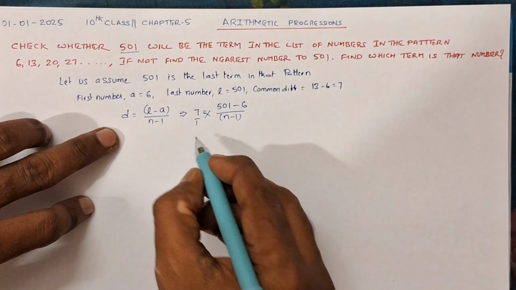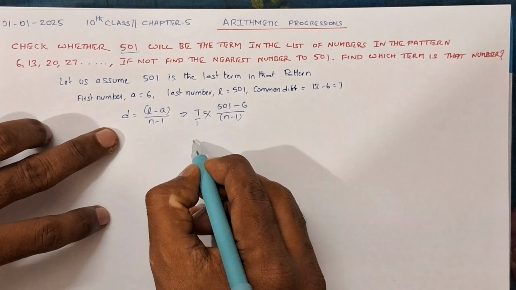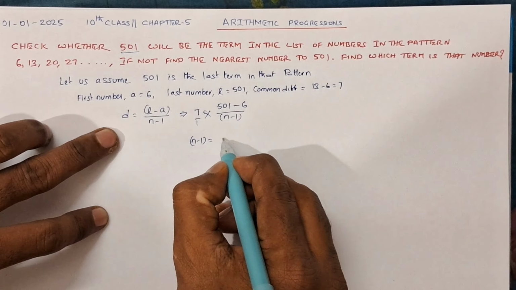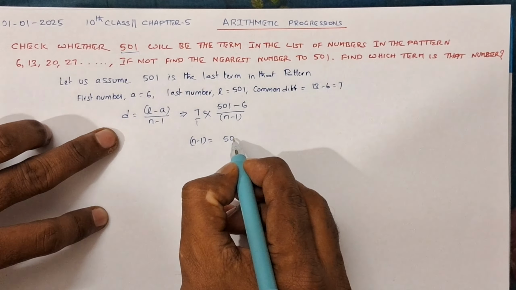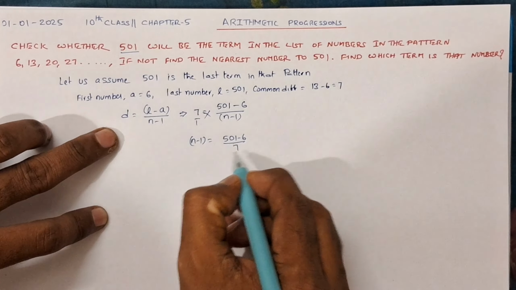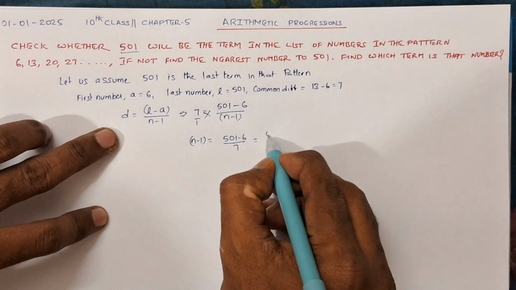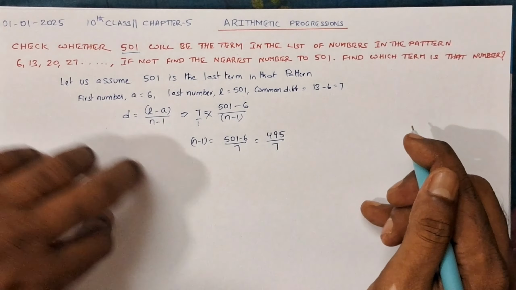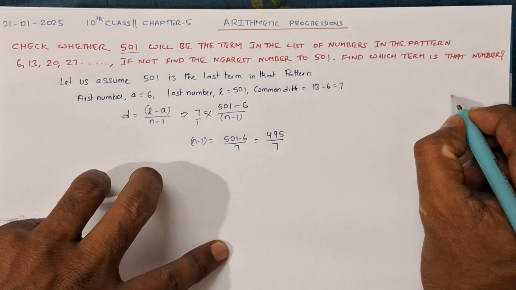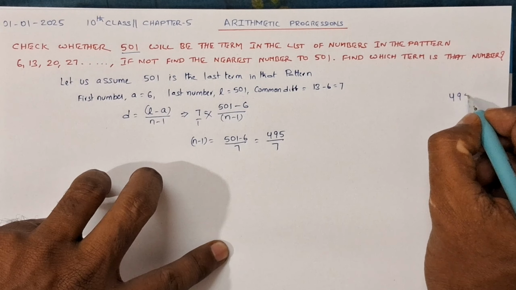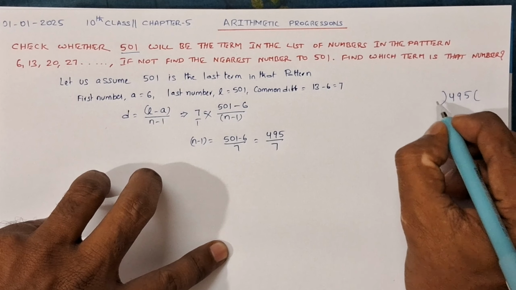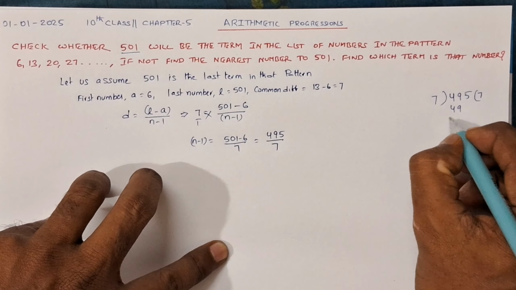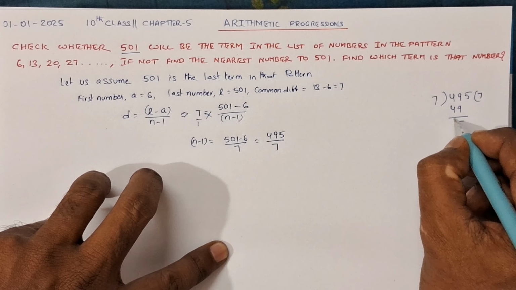We'll cross multiply. n minus 1 is equal to 501 minus 6 by 7, that is equal to 495 by 7. We will divide 495 by 7. 7 7s are 49, remainder is 5.